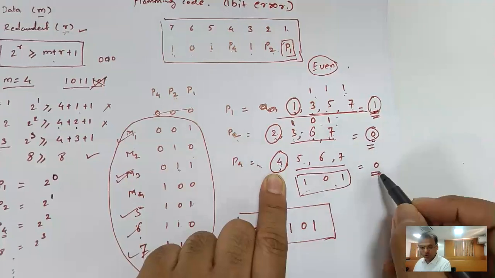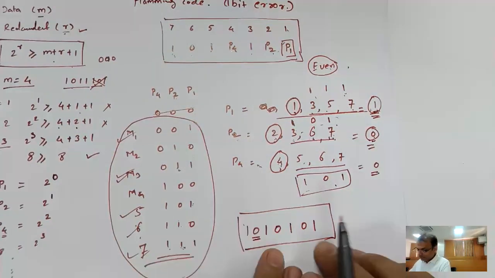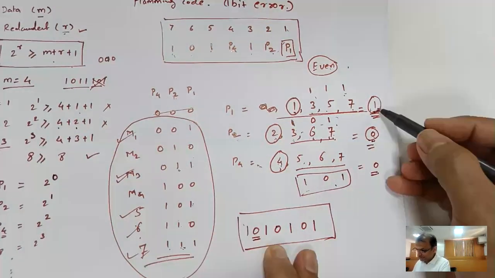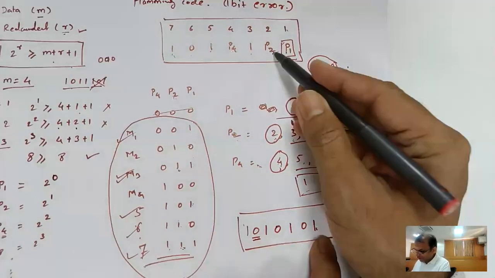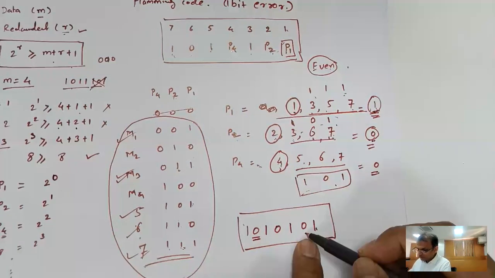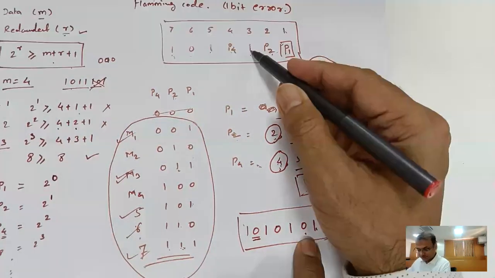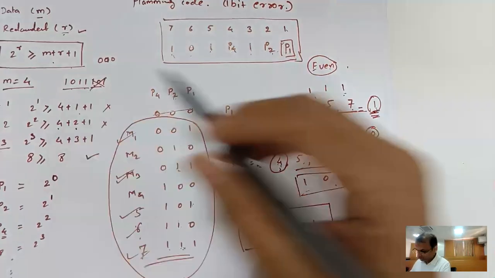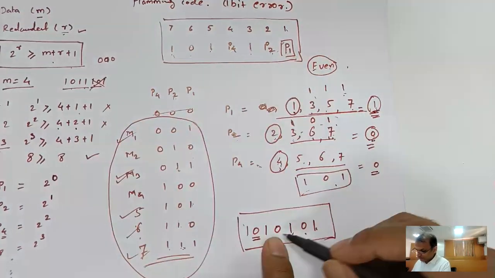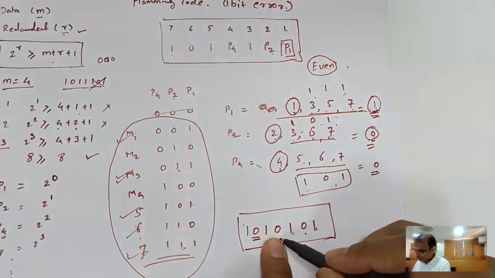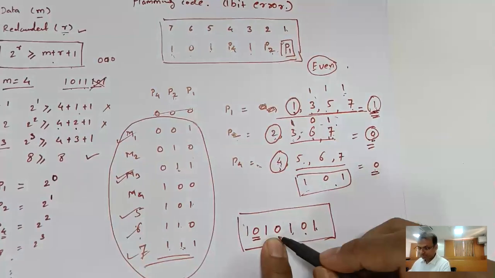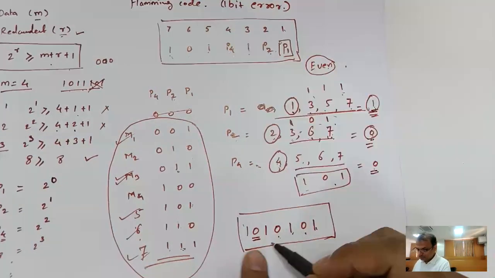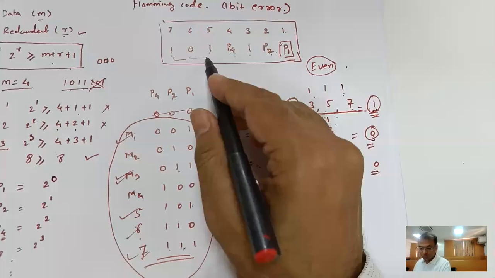So that's why P4 value is 0. And then we are putting these values: P1 value we have put as 1, P2 value we have put as 0. This is the original data, 1011. And P4 is again 0. This is the fourth position, and then this is again the original data, 101.